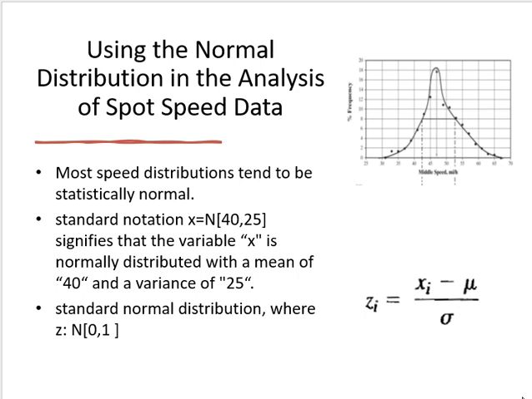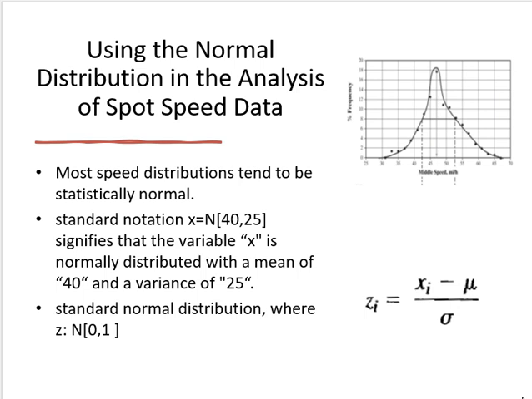It should follow normal distribution. Clear? So obviously, speed data is taken from the real world, real cars, right? Then speed follows normal distribution.